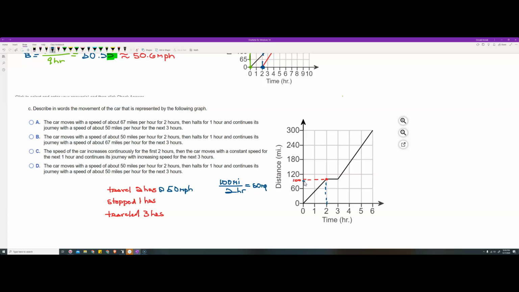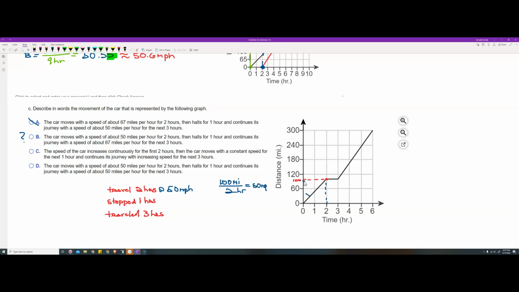Alright, so the car moves with a speed of about 67 for 2 hours. No. Car moves at a speed for about 50 miles for 2 hours. Possible. The speed of the car increases continuously for 2 hours. Okay, that is false because the slope is constant, so the speed is constant.